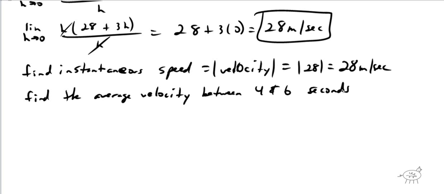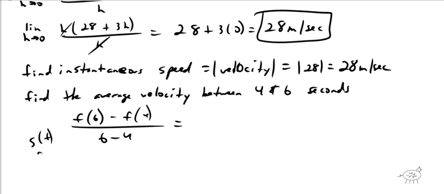Now, you guys should remember this because we learned this back in the day, that average velocity is change in position over change in time. So it's basically f of 6 minus f of 4 over 6 minus 4. Okay? Really easy to do. So you're actually plugging it into our position. Now, of course, it's s of t. No big deal. S of t is the same thing as f of t, right?